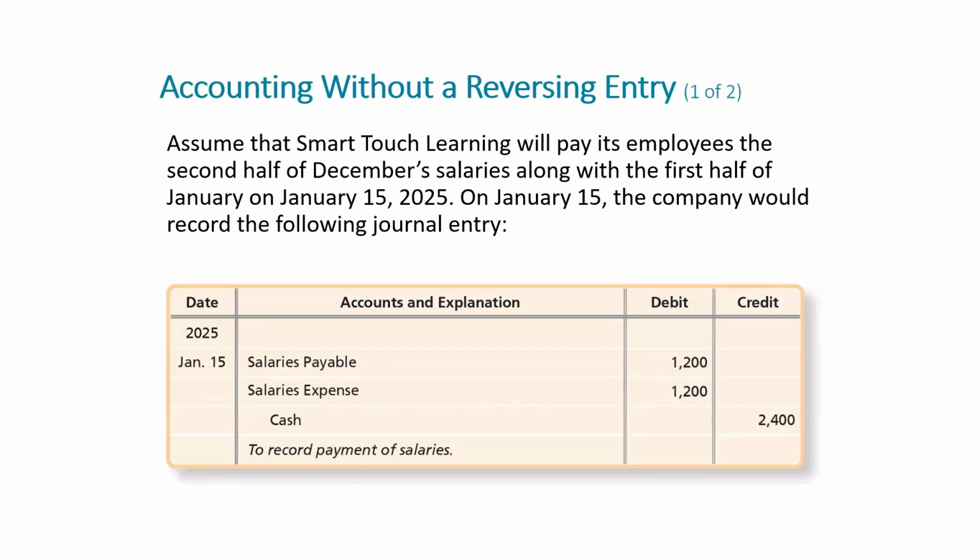Accounting without a reversing entry. Assume that Smart Touch Learning will pay its employees the second half of December's salary, along with the first half of January, on January 15th, 2025.